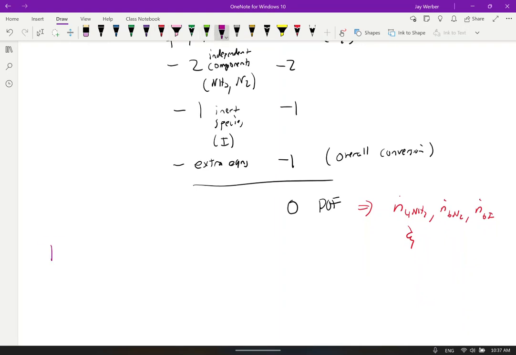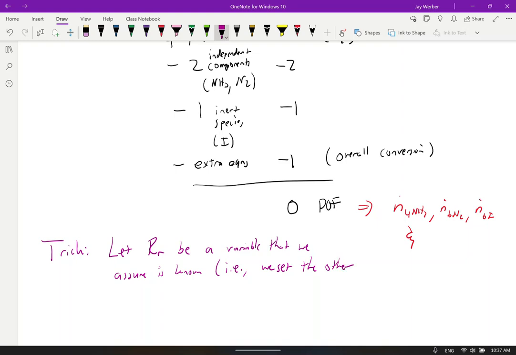So I will do this in purple. So trick. Let RR be a variable that we sort of assume is known to some extent. In other words, we set the other values to be a function of RR.